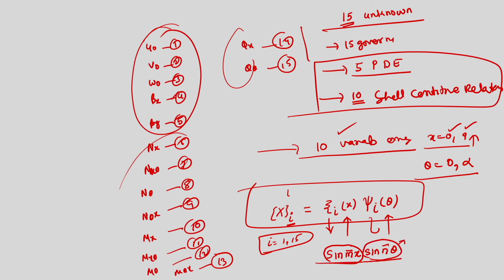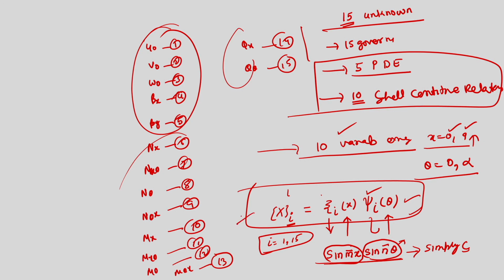But this type of combination is possible only for the simply supported case. Now, we have taken a general function. It may be sin or it may be something else. Next, in this paper we have chosen the variables like this: X_15 and X_i and psi_15.